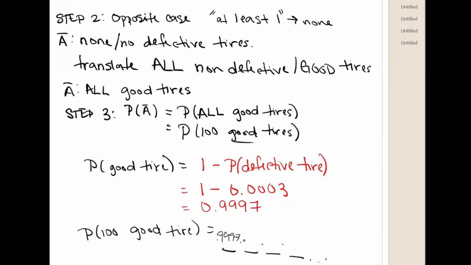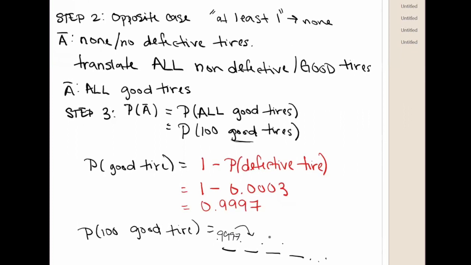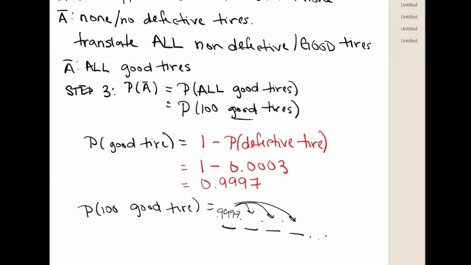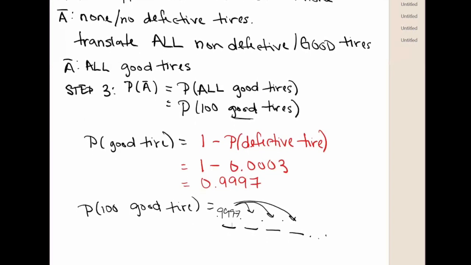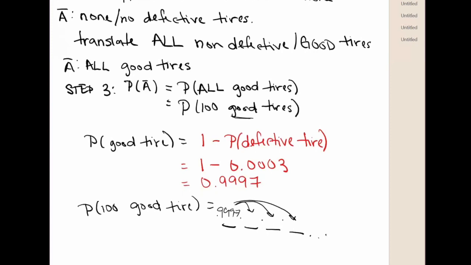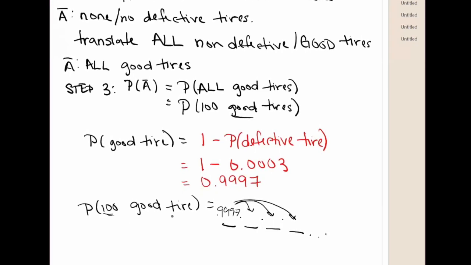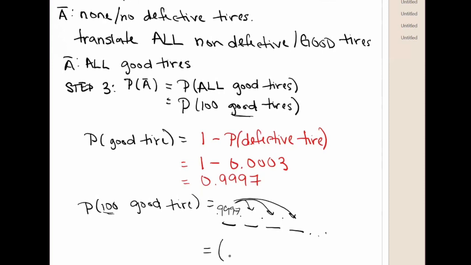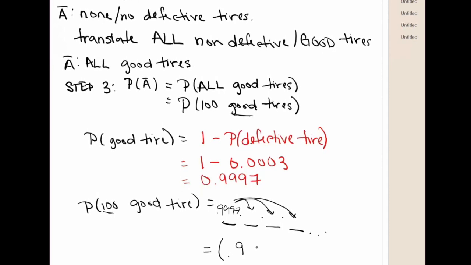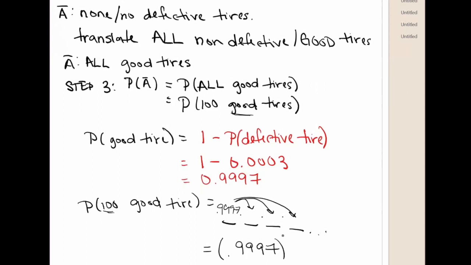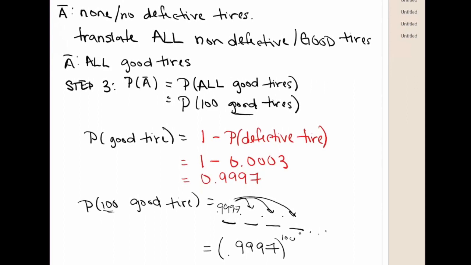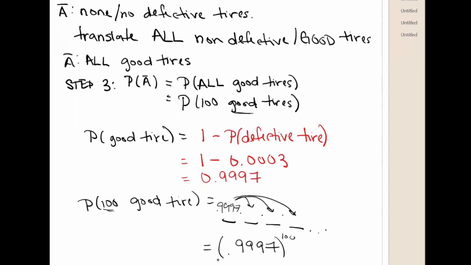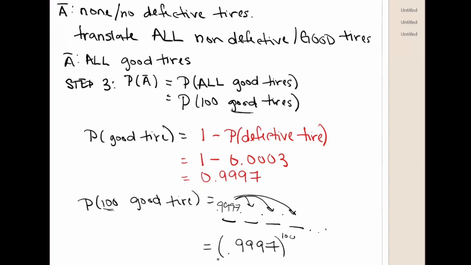Now I can't really fit this on here, but this would go in this spot, and this spot. And I don't have to put this in the calculator, that's going to be quite tedious. So if you have 100 samples you're looking for, you can write this as the probability raised to 100. And whatever that value is, you will end up with a very large number.